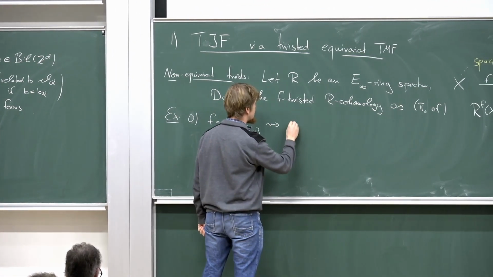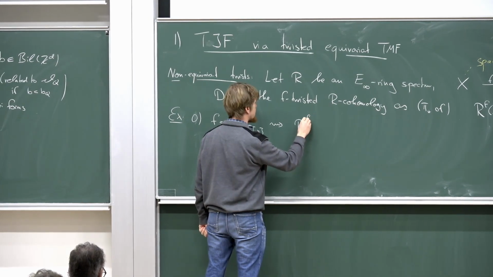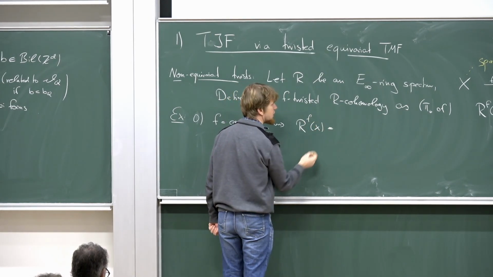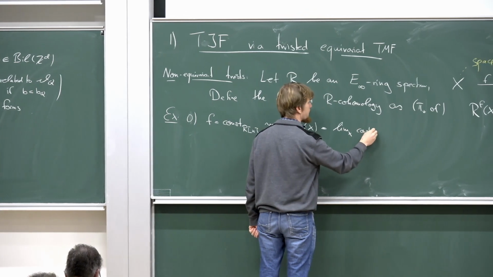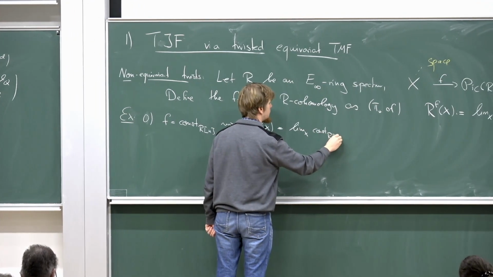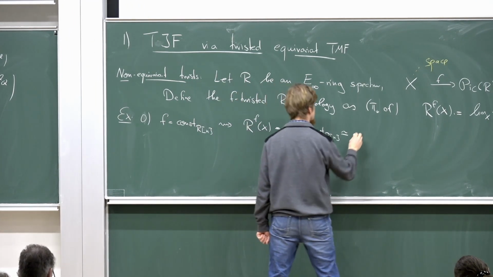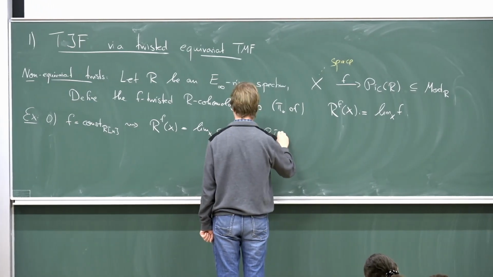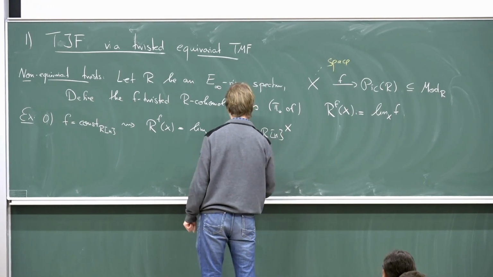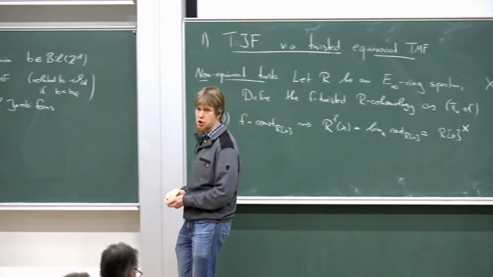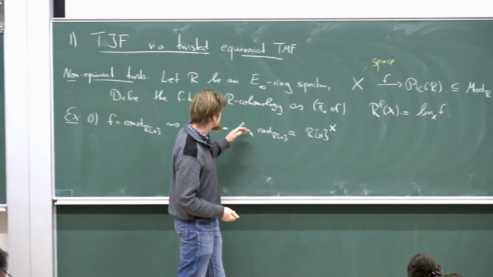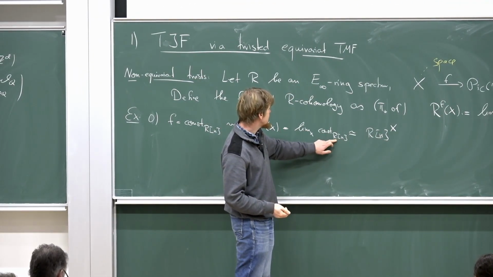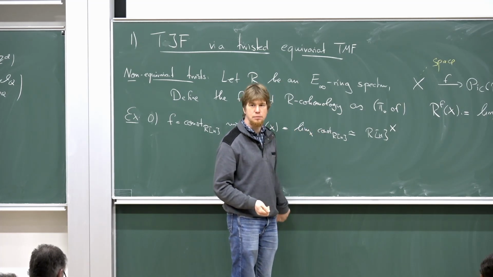Then this limit over a constant thing is just (R^n)^X. So this is the cotensoring of R-modules over spaces exactly by, take this thing and take the limit over the constant diagram.